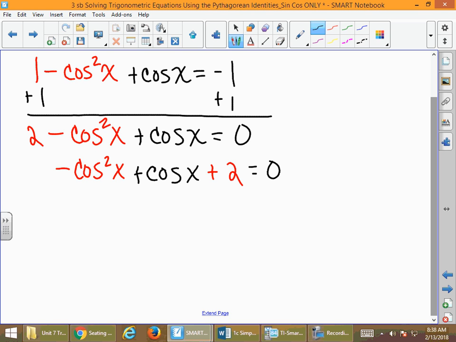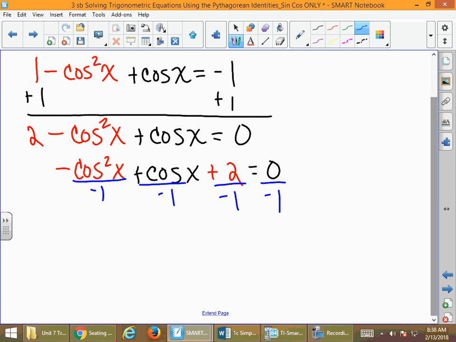But once again, the problem with this is that cosine squared is negative. What we can do is change all the signs in there. If you want some work to support that, divide this by -1, and divide this by -1, and divide this by -1, and divide that by -1.